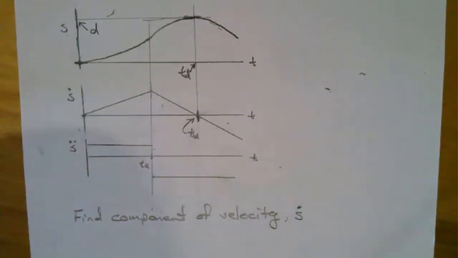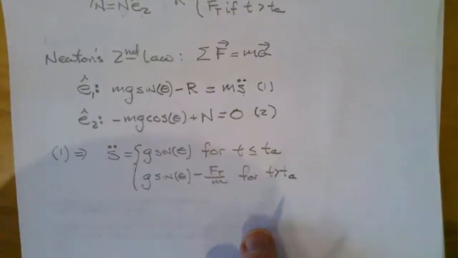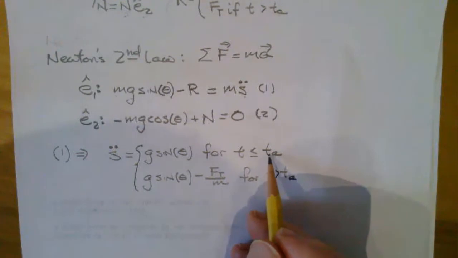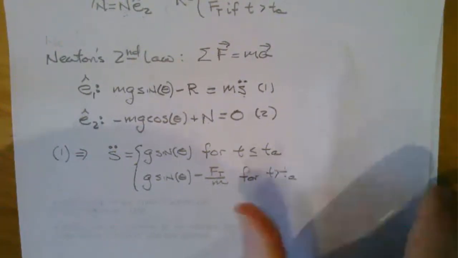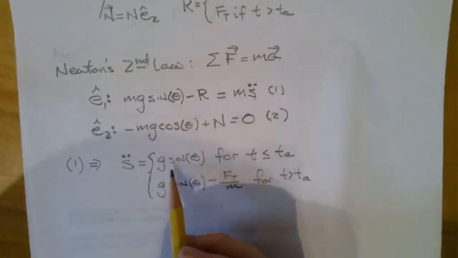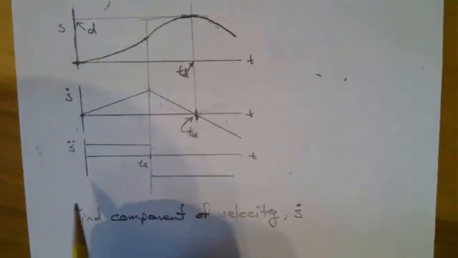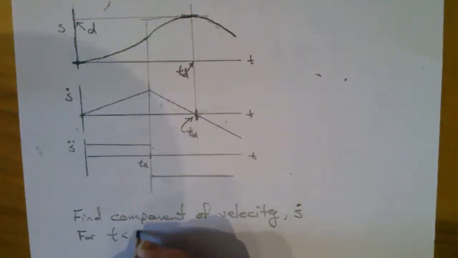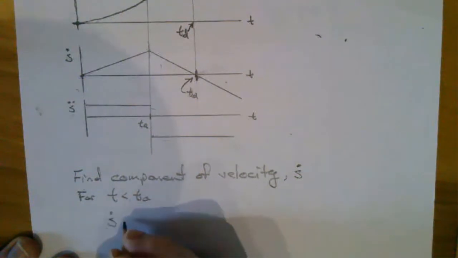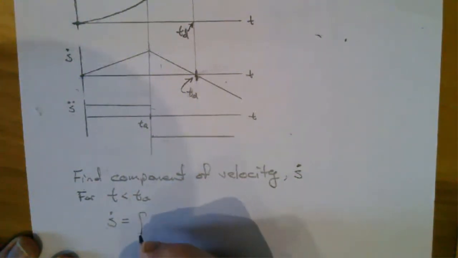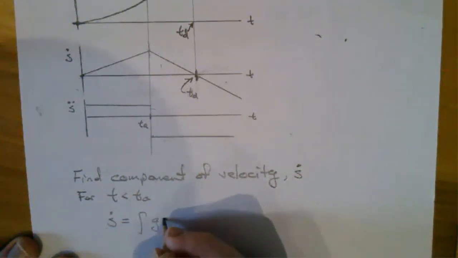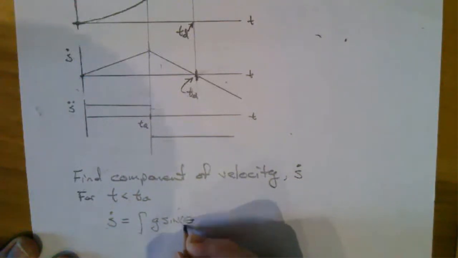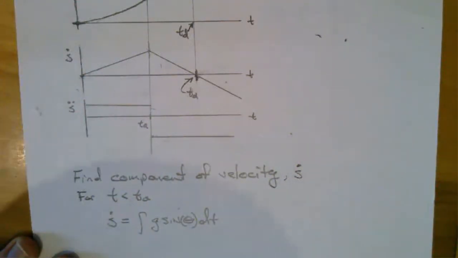And remember, S double dot came in two different flavors depending upon whether your time is before the time you turn on the rocket or after you turn on the rocket, right? So before you turn on the rocket, S double dot is just g sine theta. So I'll say for t less than Ta, S dot is just going to be the integral of g sine theta dt, like so, right?